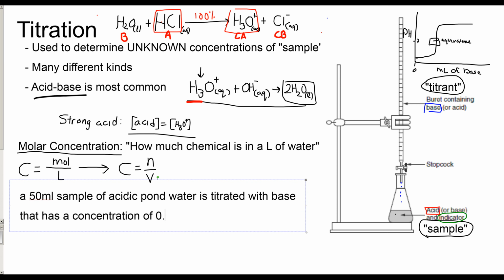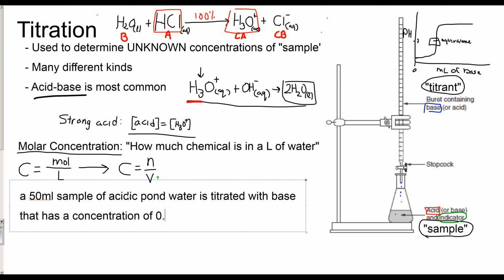My concentration of base, and if you're wondering how I know the concentration of the base, it's because we have control over the preparation of the base. In other words, we made that in a lab, we measured it, we ensured that it was 0.05 moles per liter.